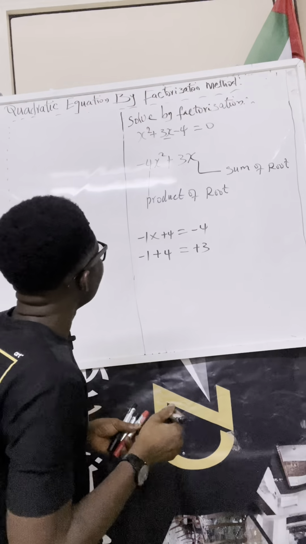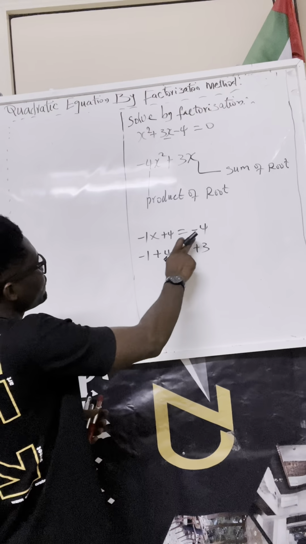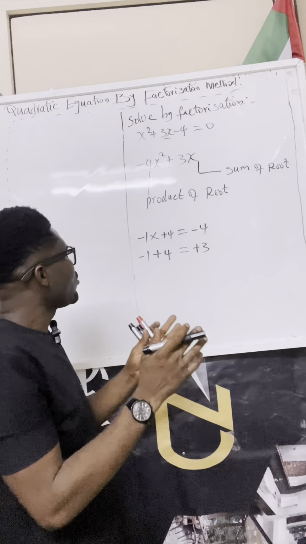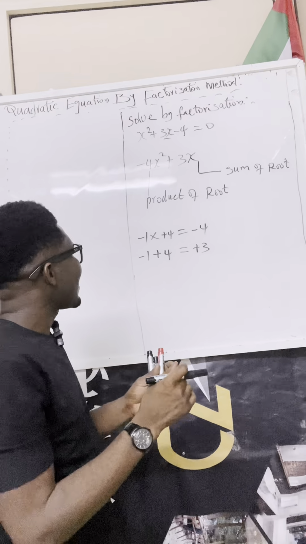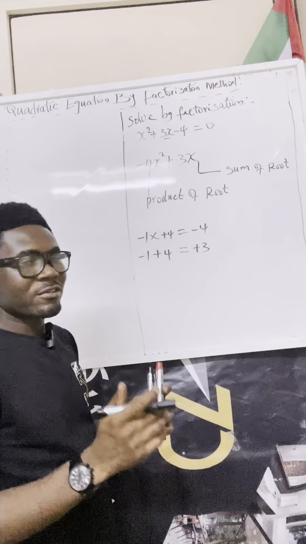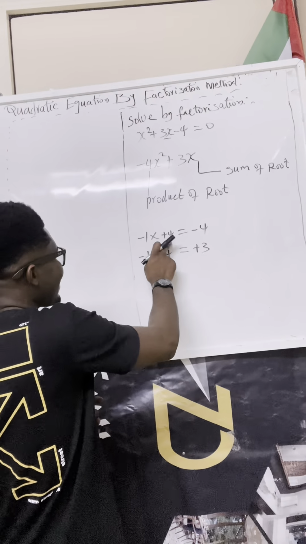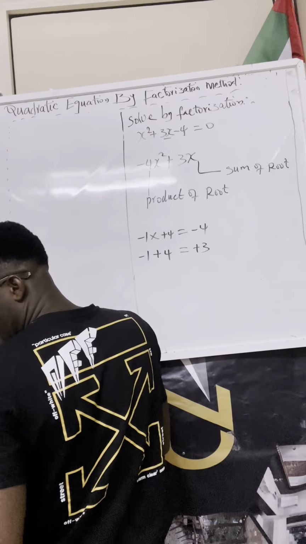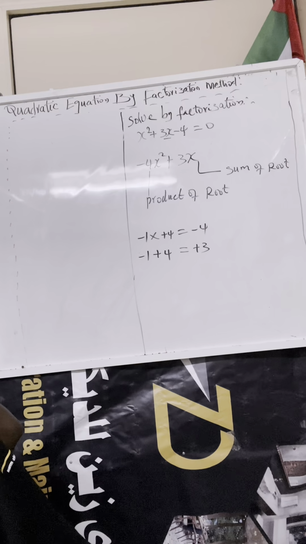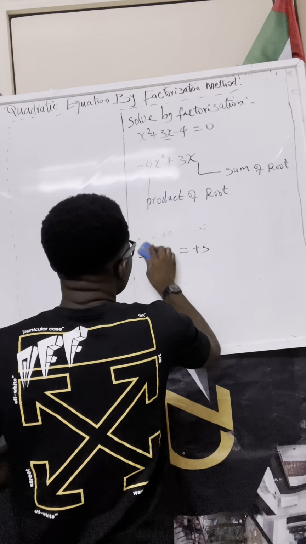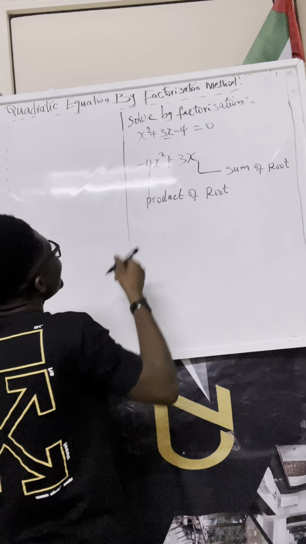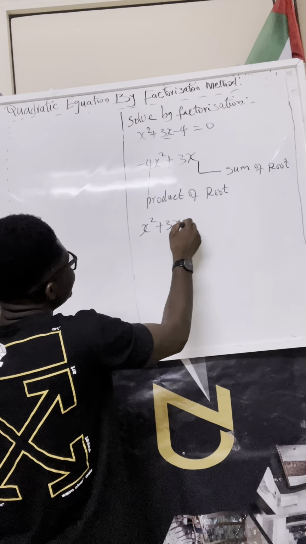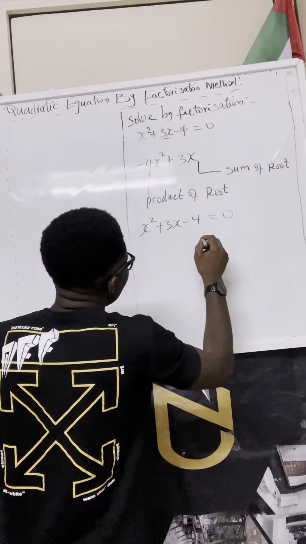So that is to say that the factors of 4 here, the numbers you multiply together to get minus 4, and when you add them together you have plus 3, are going to be minus 1 and 4. So since you have minus 1 and 4, you now bring down the equation, which is x squared plus 3x minus 4 equals 0.